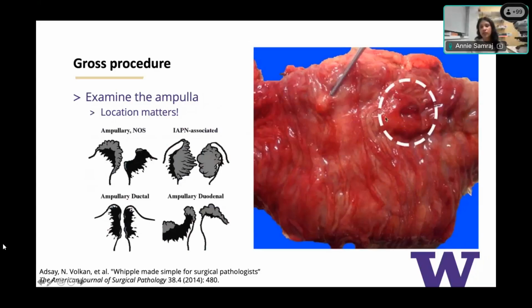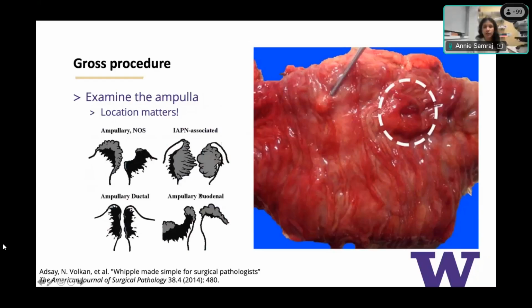Because if you see carcinoma here, then it comes under the category of ampullary neoplasms. And sometimes, like we talked about earlier, in a minority of people, 5 to 10%, they can have an accessory duct, or the duct of Santorini, that opens up through the minor papilla, which is usually anterior and proximal to the major papilla.